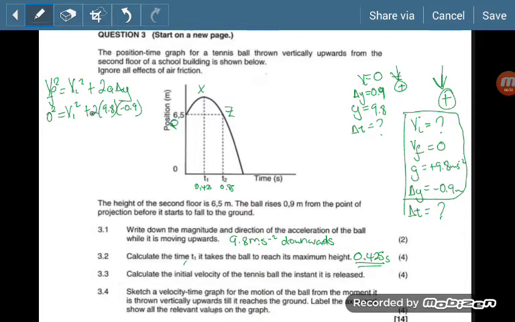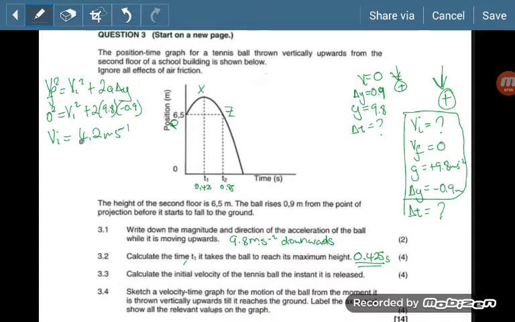Now solving this one, you end up seeing that v initial is going to be 4,2. When you multiply this one, you move it to the other side, then we find the square root. Remember, when you find the square root, the answer is going to have a plus and a minus. In this case, you will get 4,2 meters per second.